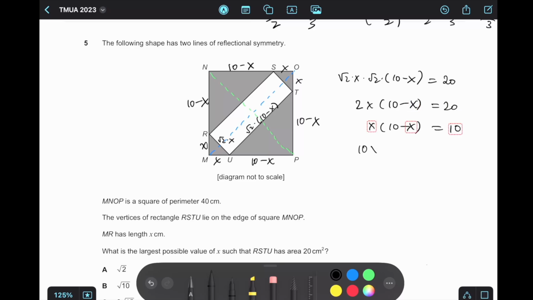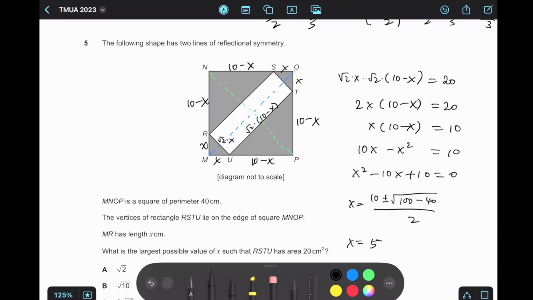And we continue solving this, and we would realize that we were obtaining a quadratic equation. So we can just use the quadratic formula in order to obtain x equals 10 plus minus root 100 minus 40 over 2, which means that x is equal to 5 plus minus root 15.